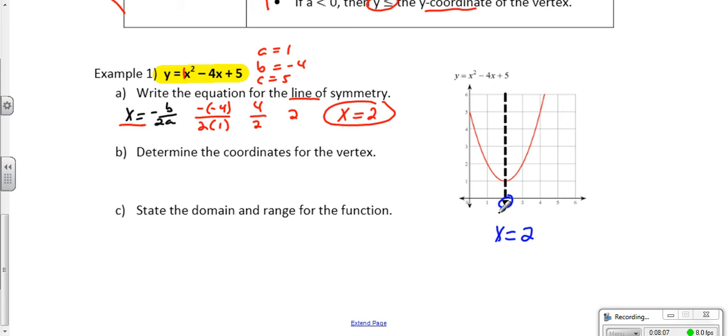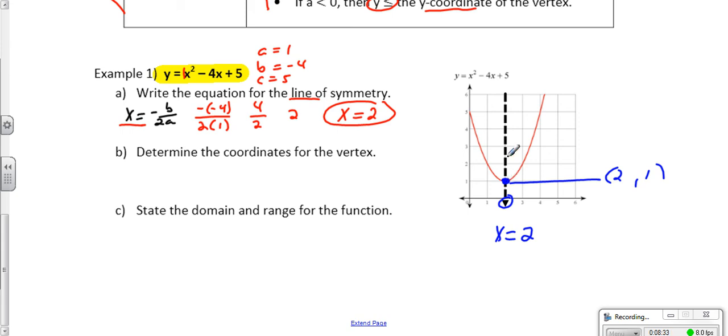Now what's the coordinate of the vertex? Well, again, the vertex is where it stops going down in this case and starts going up. That coordinate looks like x of 2 and a y of 1. And that's good, but if we don't have the graph, how do we find it? Well, a very important thing to notice here is that the line of symmetry goes through the vertex.